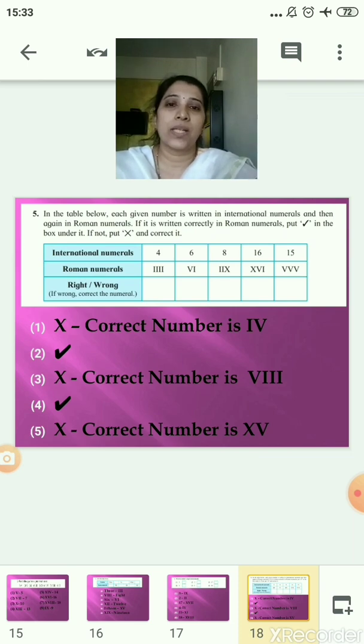And the last one, international numeral is 15 and the Roman numeral is 3 times capital letter V. So it is wrong. So you'll put a cross mark and for 15, what is it? 10 plus 5 is equal to 15. So the symbol for 10 is X and symbol for 5 is V. So you will write the correct number is X and V.